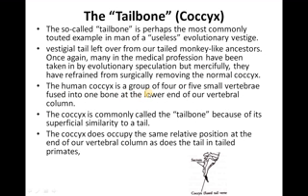The human coccyx is a group of 4 or 5 small vertebrae fused into one bone at the lower end of the vertebral column. It is commonly called a tailbone because it is superficially similar to a tail. It occupies the same relative position at the end of the vertebral column as the tail does in tailed primates.